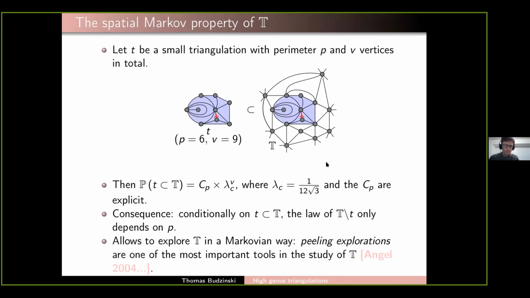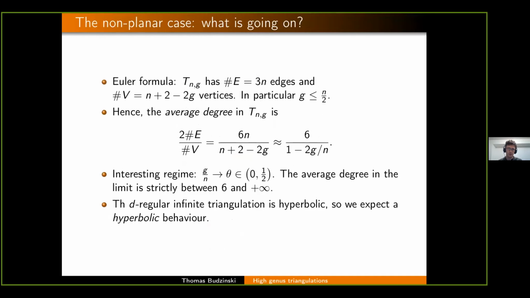Okay, so this spatial Markov property is very nice, and it's one of the basic tools to study the UIPT. Now I would like to start talking about what happens in the non-planar case. A very basic thing that we can say about triangulations in any genus is the Euler formula.